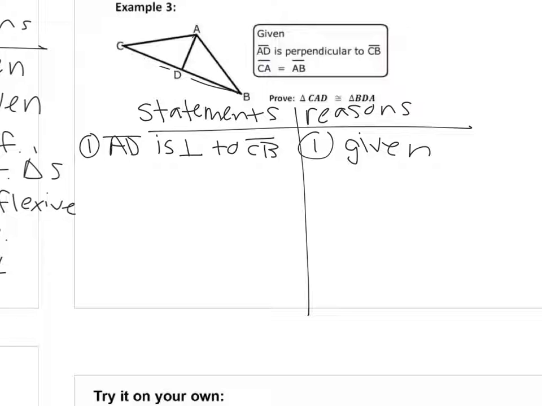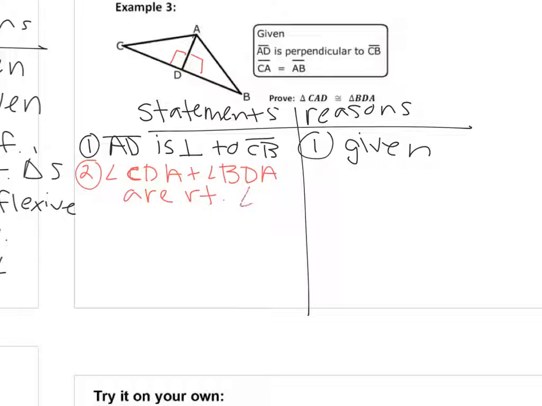What would be my right angles on this picture? Hopefully you're thinking they would happen at D. So I would have a right angle here and a right angle here. So for this next step, I would say angle CDA and angle BDA are right angles. Nothing's different yet. So that's going to be definition of perpendicular.